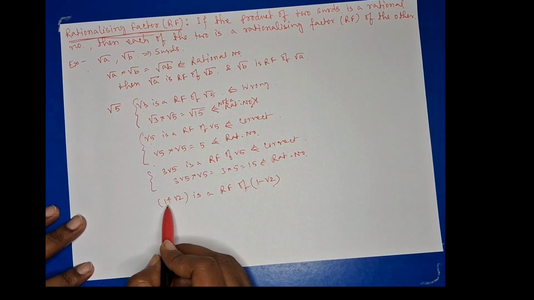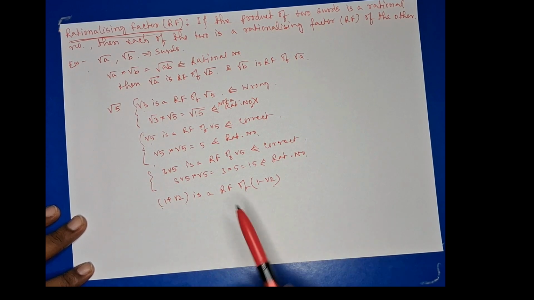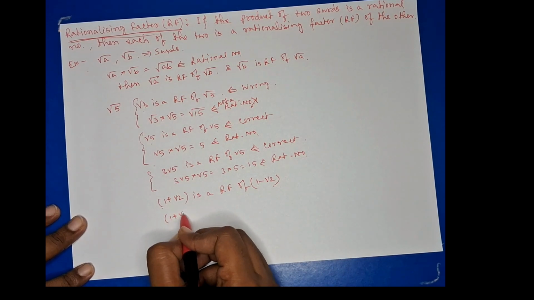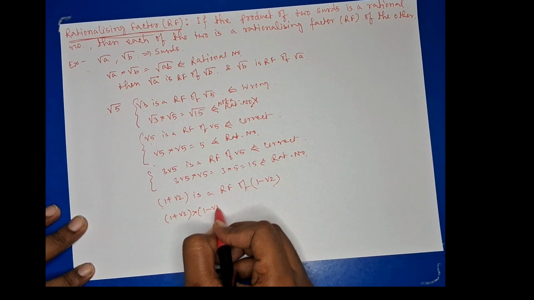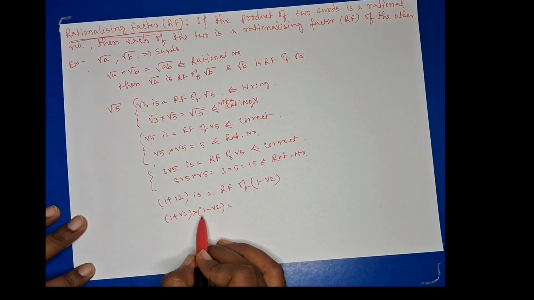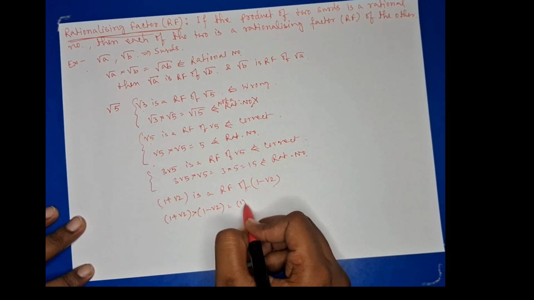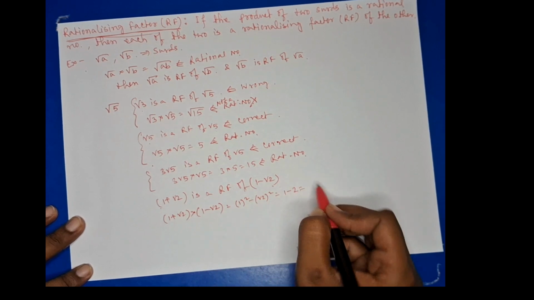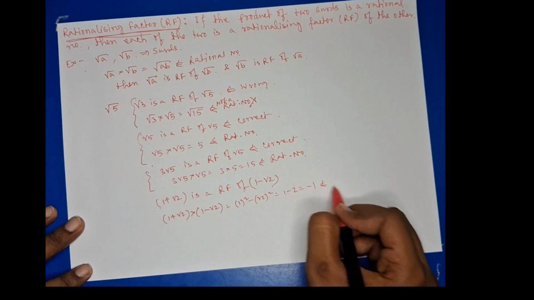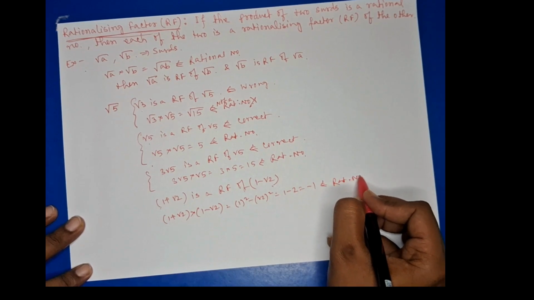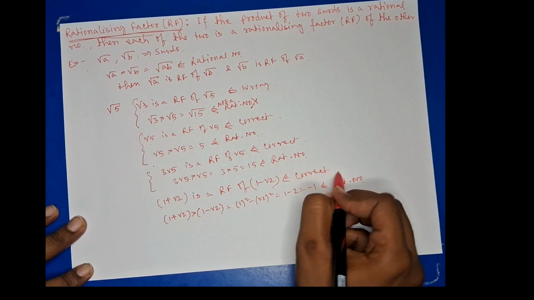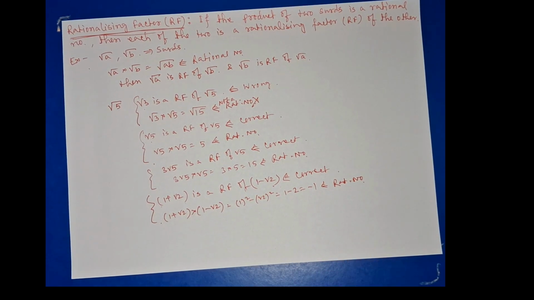We have to multiply them and check whether the product is a rational number or not. 1 plus root 2 into 1 minus root 2 is equal to a plus b into a minus b, that is a square minus b square, which is 1 minus 2, that is equal to minus 1, which is a rational number. That means our statement is correct.